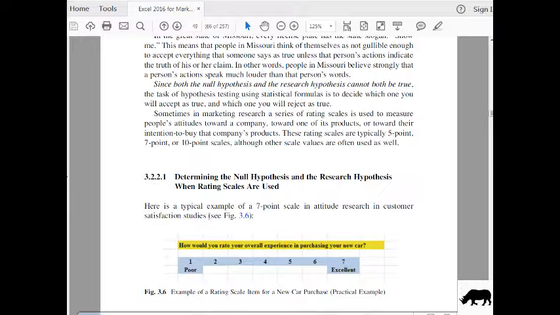2. The null hypothesis and the research alternative hypothesis. These two hypotheses are called the null hypothesis and the research hypothesis. Statistics textbooks typically refer to the null hypothesis with the notation H0.